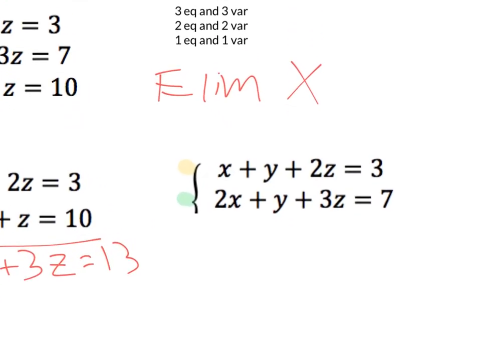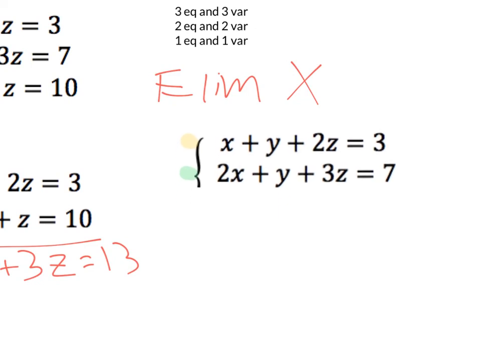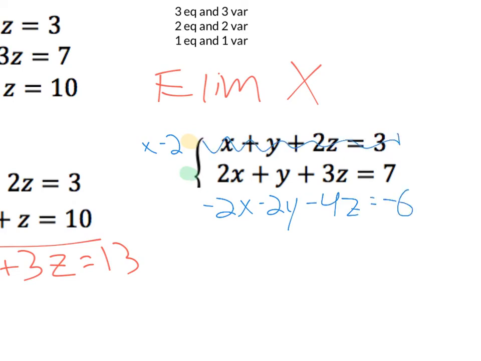So this would be negative 2x minus 2y minus 4z equals negative 6. So now I can kind of ignore that guy. All right, when we combine those, x's cancel, that's what I wanted. I've got negative y minus z equals 1.